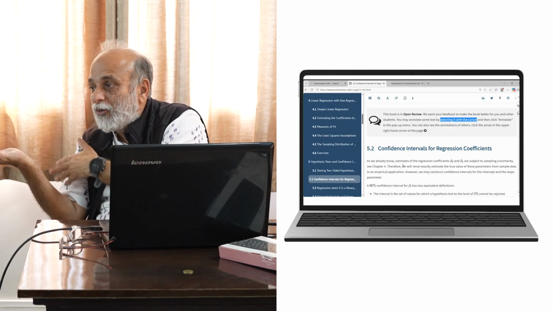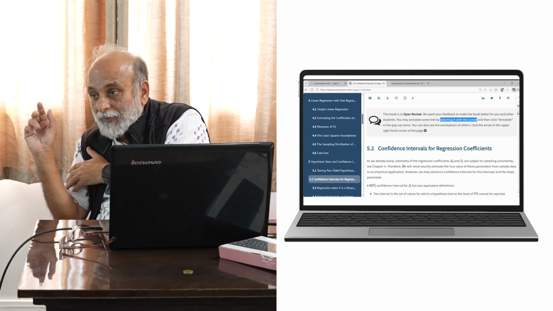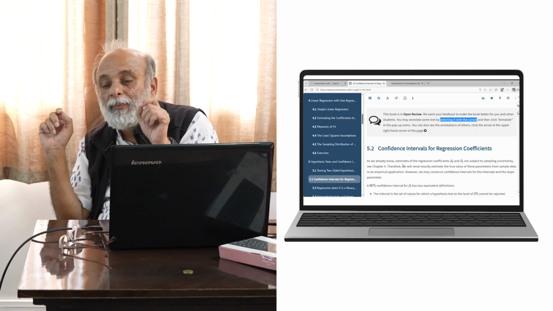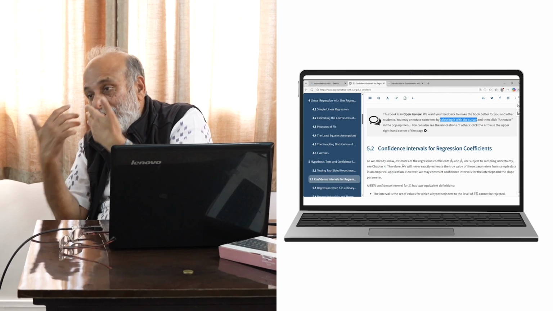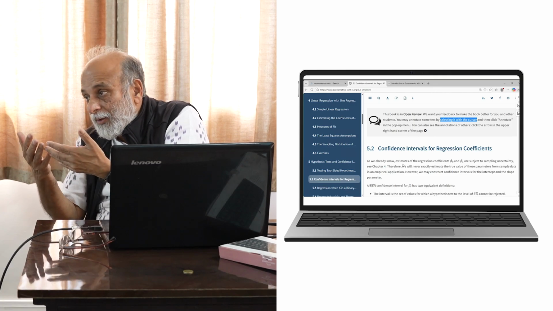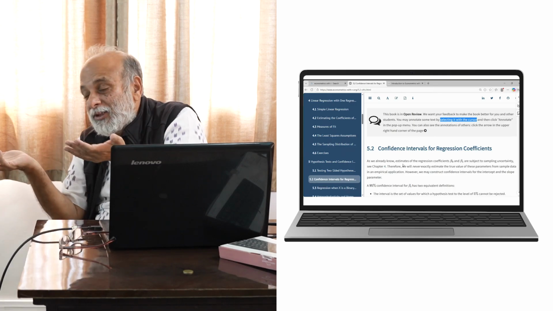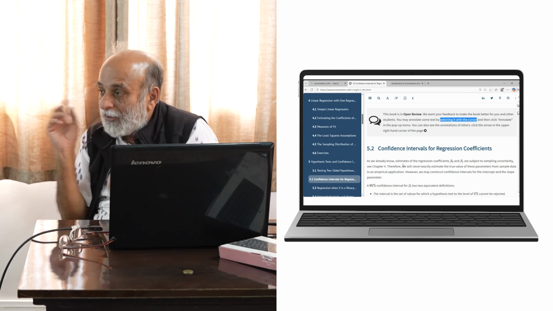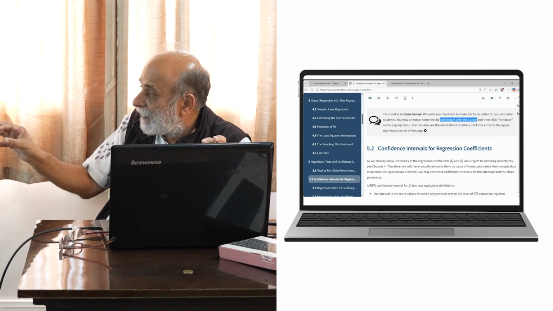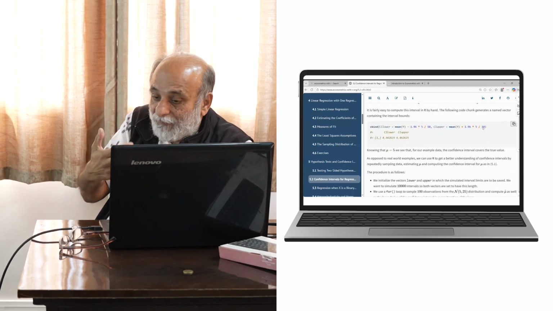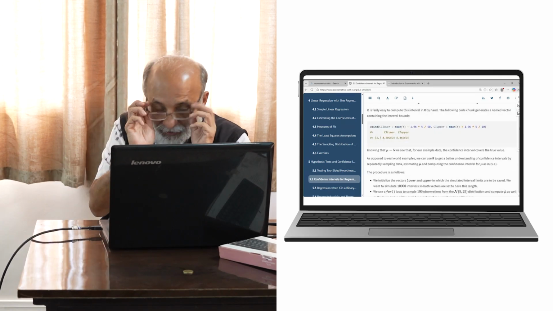Beta could have been 0.6 or beta could have been 0.9. So you want to be able to make a statement that if you take a random sample and do this regression, then there is a 95% or 99% probability that the estimated value of beta will lie between these two intervals. These are called confidence intervals, right? So how to generate confidence intervals is here.